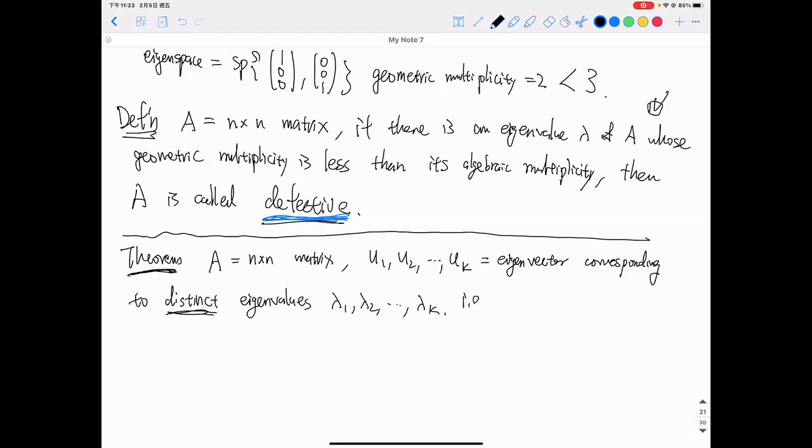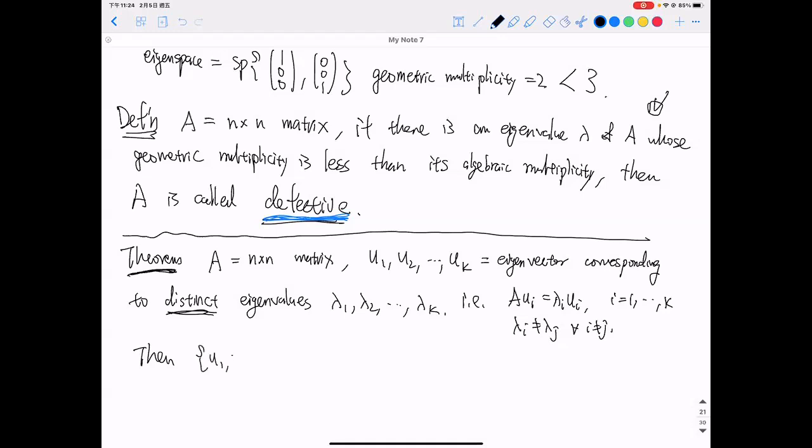In other words, A u_i is lambda_i times u_i, and lambda_i is not equal to lambda_j for every i not equal to j. I goes from 1 to k, of course. Okay, then now here is the content of the theorem.